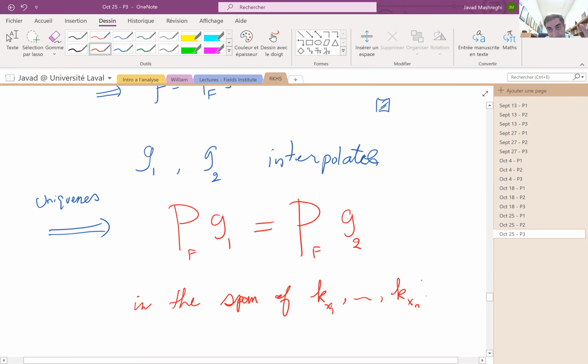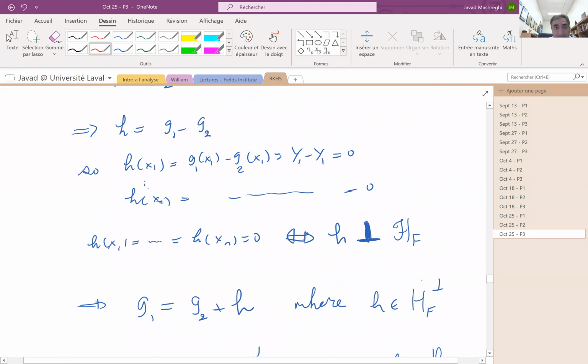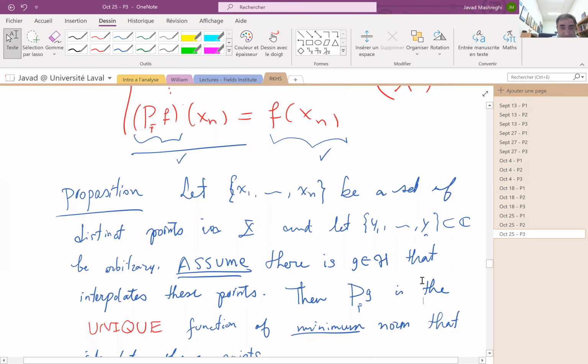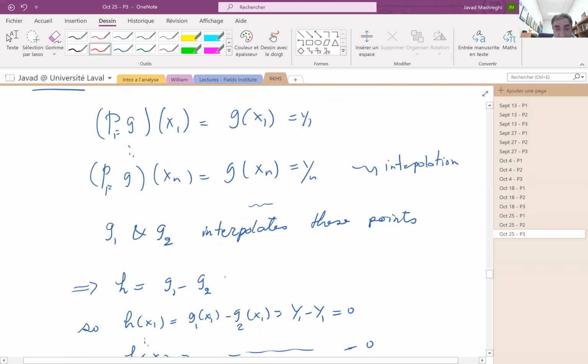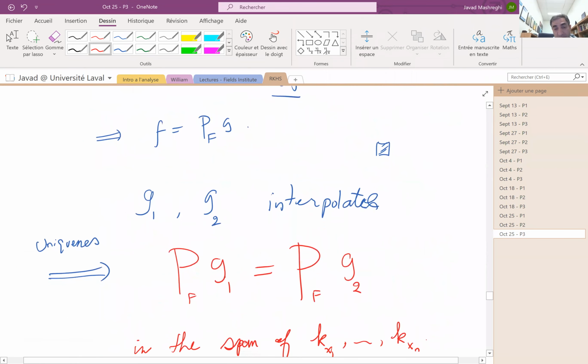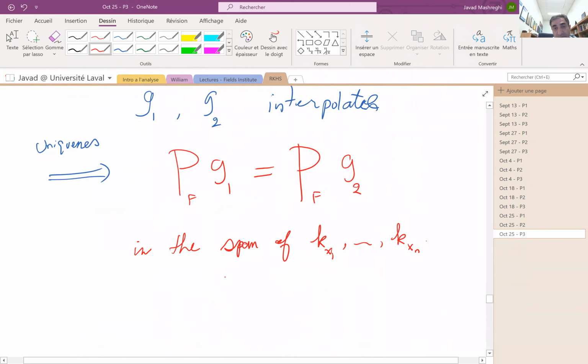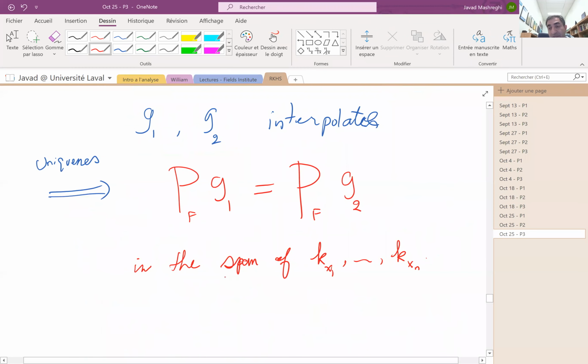Please let me repeat. This proposition does not say that we have all the time an interpolation. It says that, look, there was an assumption. It says that if the interpolation is possible, it's part of the assumption, then there is a unique one of minimal norm, which is a linear combination of kx1 up to kxn.